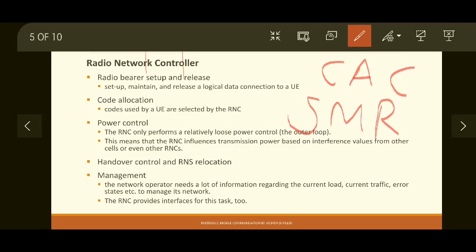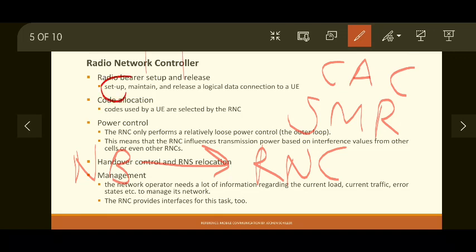To decide that, node B suggests to the RNC that some minimum power should be maintained in order to maintain the quality of the communication as defined by the QoS. So if it is sending a video, what should be the minimum power with which this video should be sent in order to maintain the quality of the video? That power level is suggested by node B to the RNC. So the RNC communicates with the external network with that minimum power.